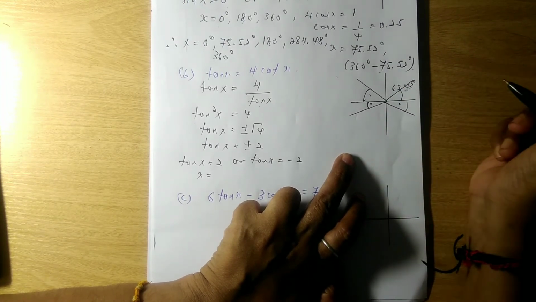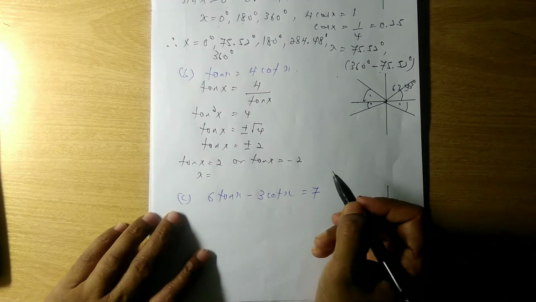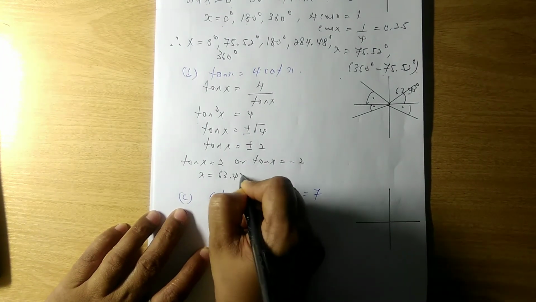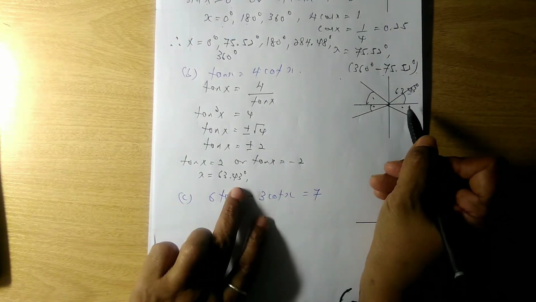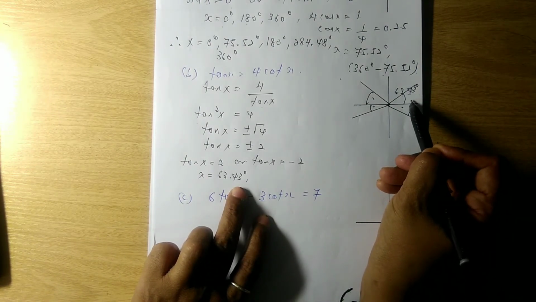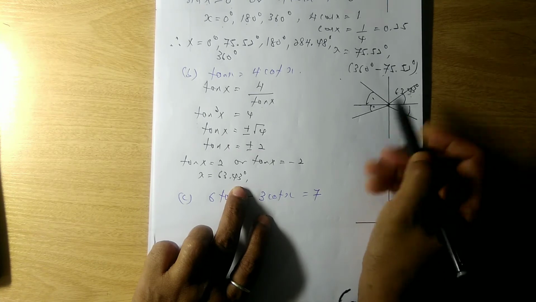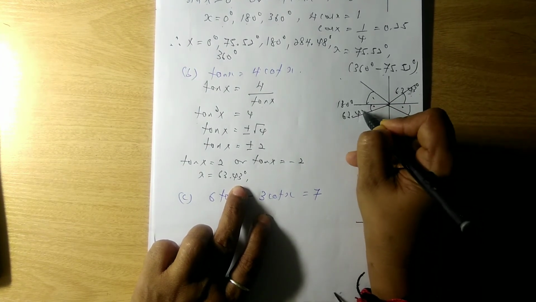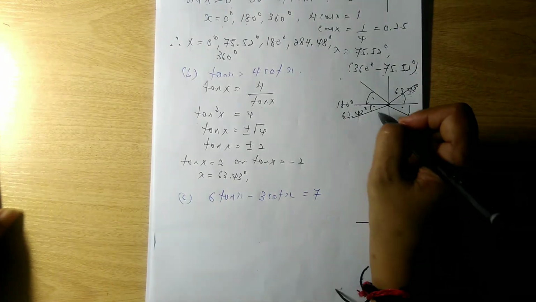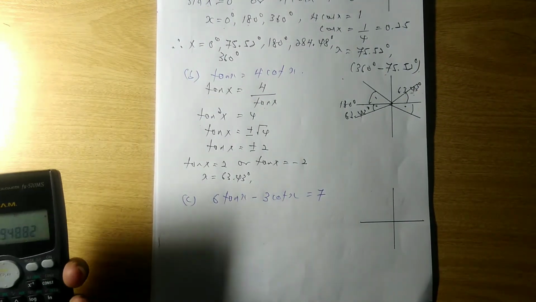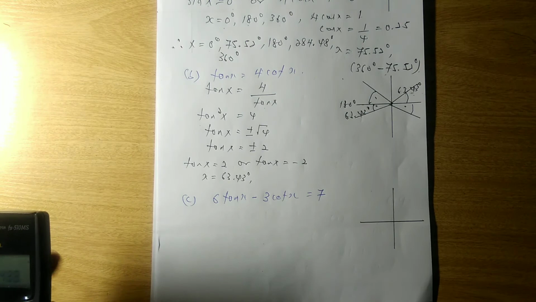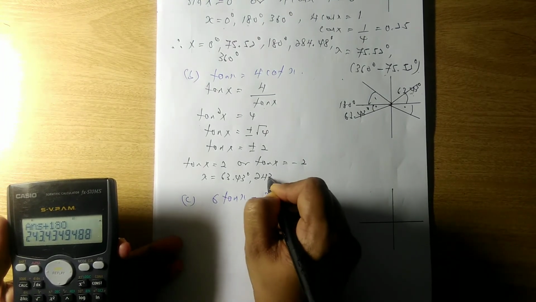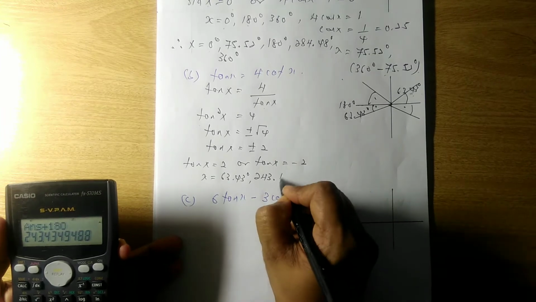So being positive, this is 63.43. Okay, and we got here, and positive is here, 63.43 degrees. So it'll be 180 plus this. So you'll actually get 243.43 degrees. Okay, so that's one.